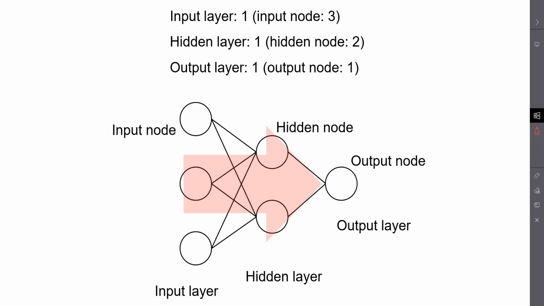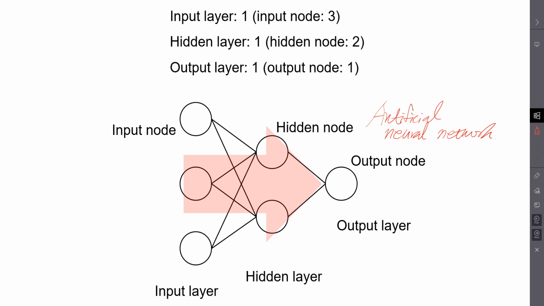This week we will learn neural network. So we call these type of model neural network, artificial neural network, because it looks like neural system.